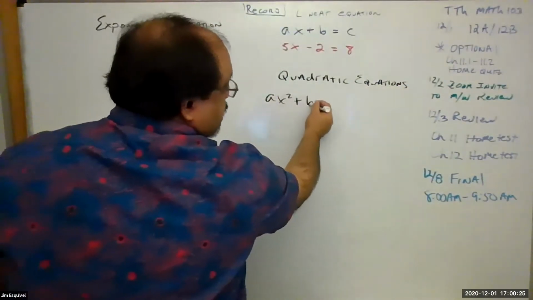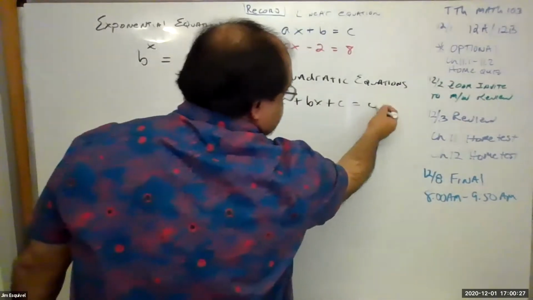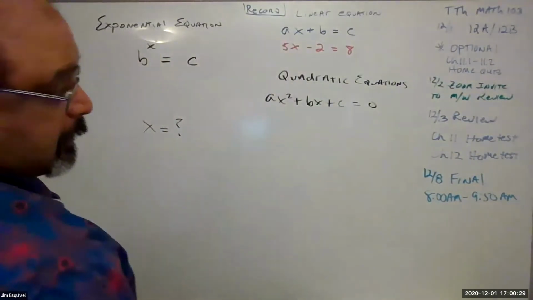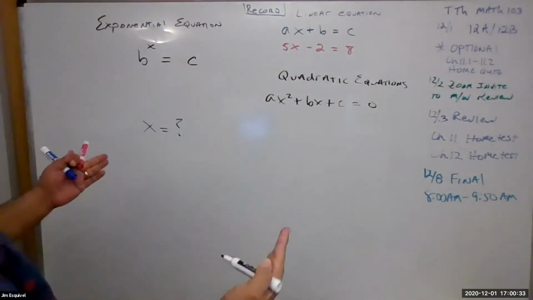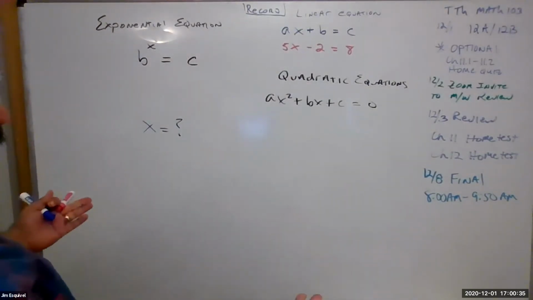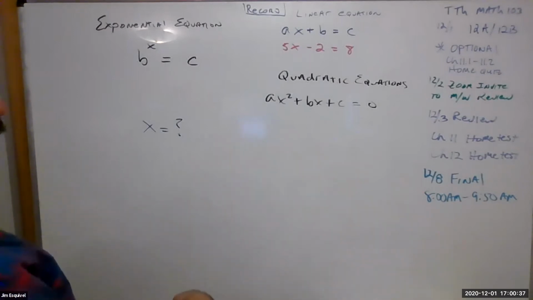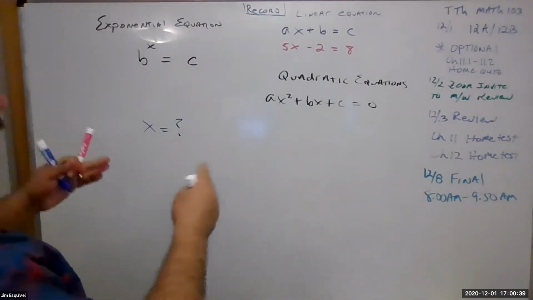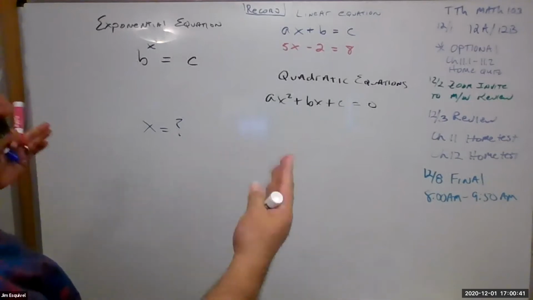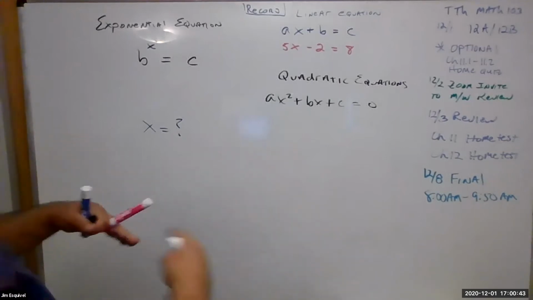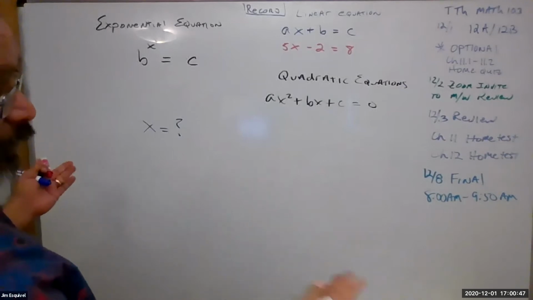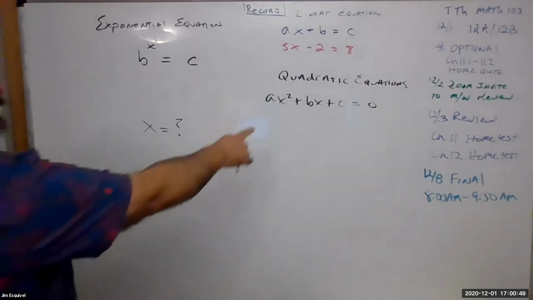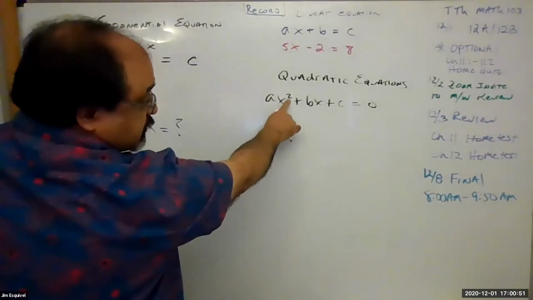Ax squared plus bx plus c equals 0. In basic algebra, we could only solve them if we could factor them. In Chapter 11, now we can solve any quadratic equation thanks to the completing the square method or the quadratic formula. We can solve any second degree equation.